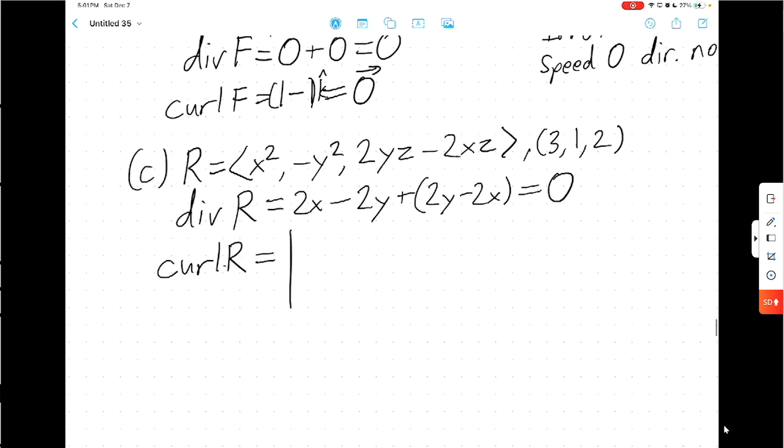Curl of R. Now we're actually going to have to use the cross product for once. Partial x, partial y, partial z.